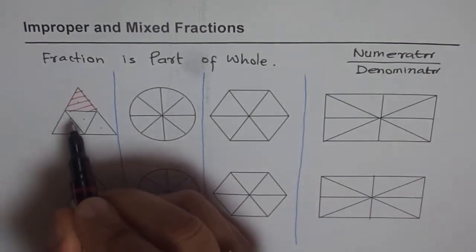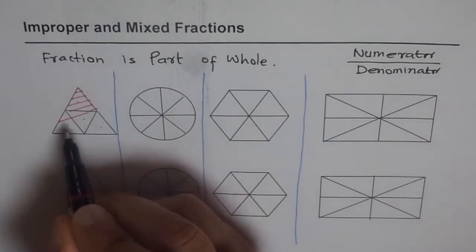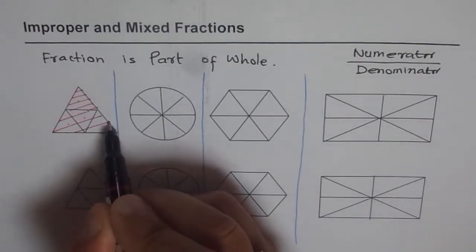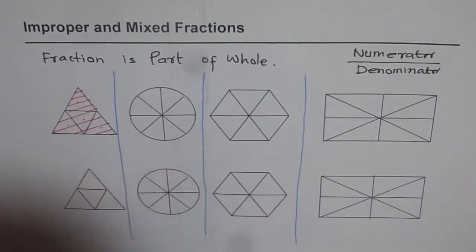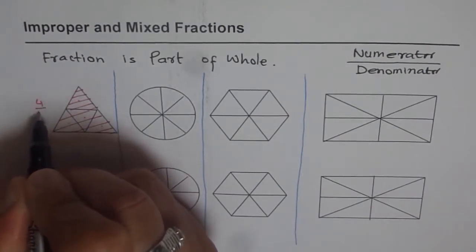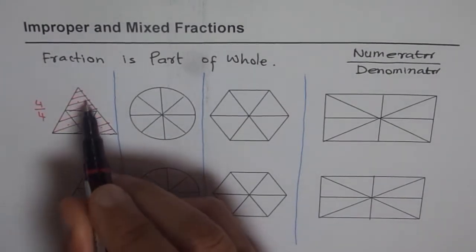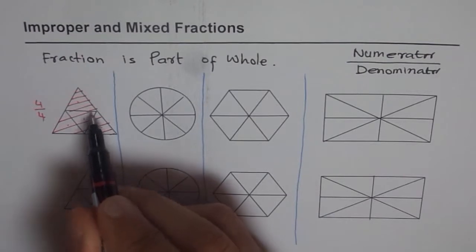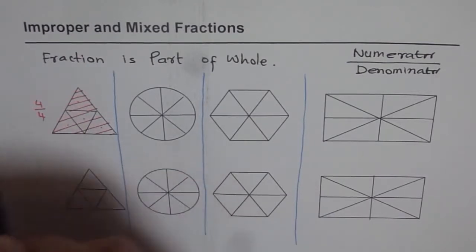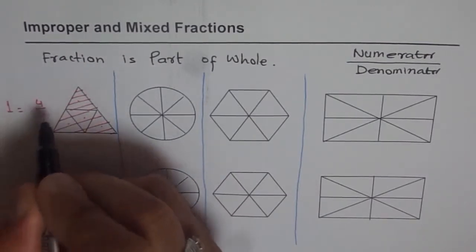If I shade all of them, then it is 4 over 4, right? There are total 4 parts and I shaded all 4 of them, which is one whole.